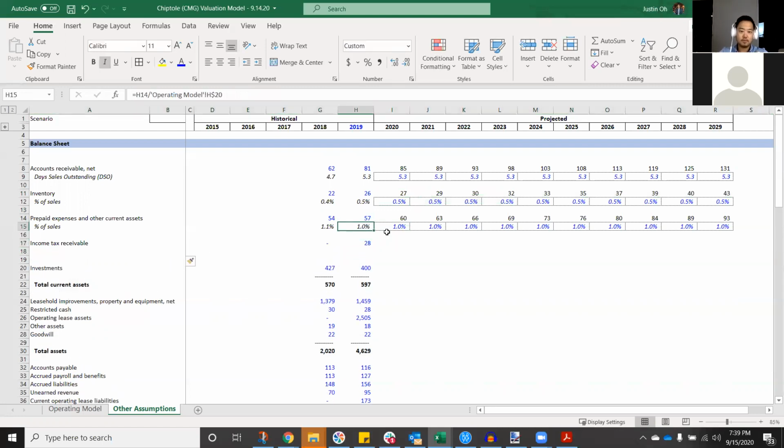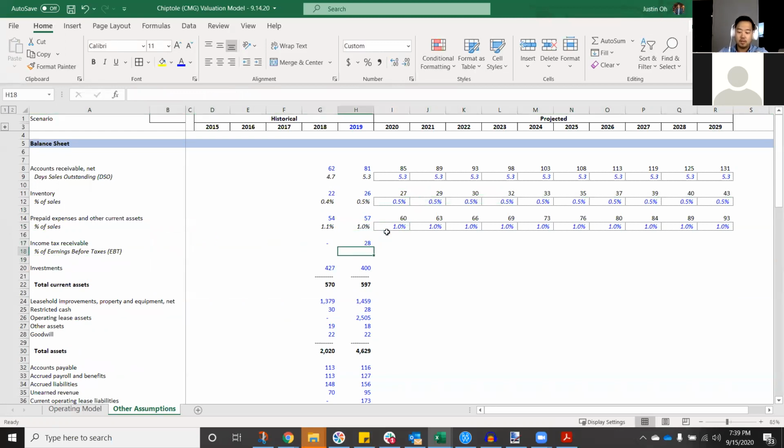I guess we could do it as a percentage of, let's do it right, percentage of EBT, which is earnings before tax. Taxes.